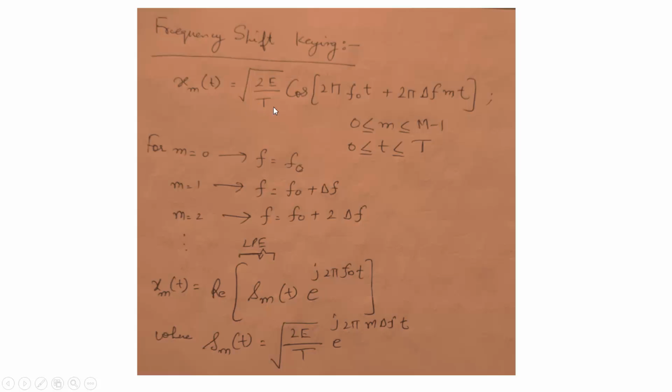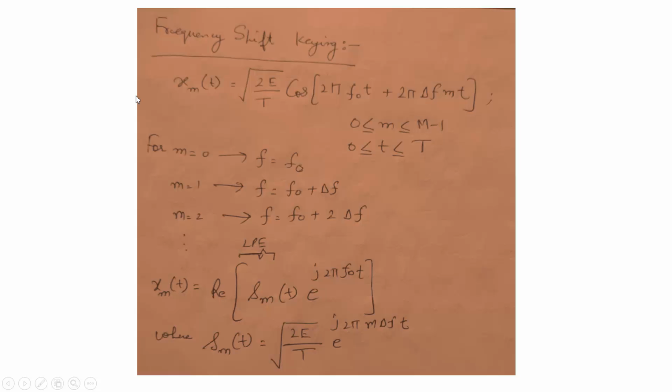So the amplitude of the modulated signal, x(t) is actually the modulated signal, the amplitude will remain constant, and cos 2 pi f naught is the carrier frequency, so plus 2 pi delta f m(t), small m(t). Now this delta f is the frequency change that will take place according to what digital stream is to be transmitted.